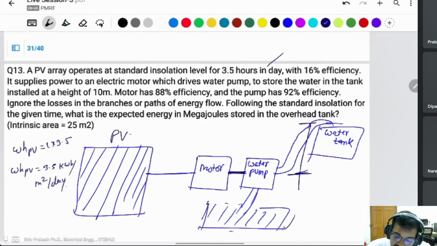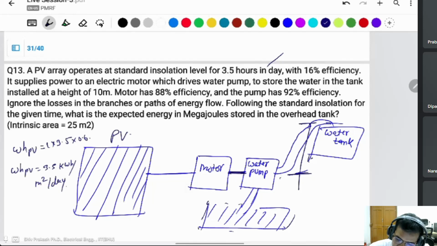Okay, with 60% efficiency, then multiplication of 60% also. It supplies power to an electric motor which drives the water pump to store the water in a tank installed at a height of 10 meter.